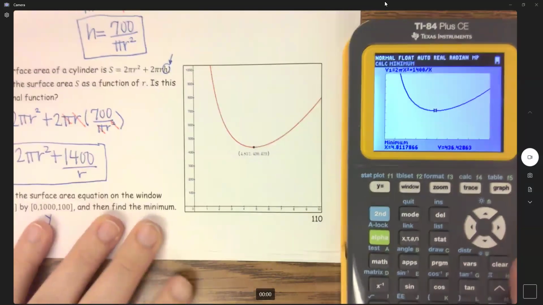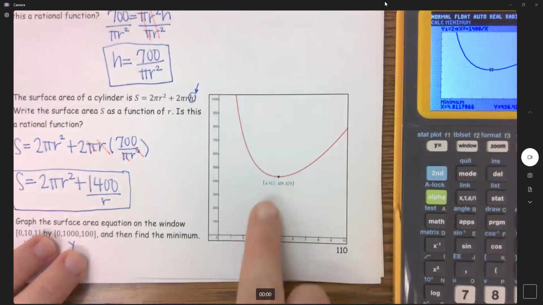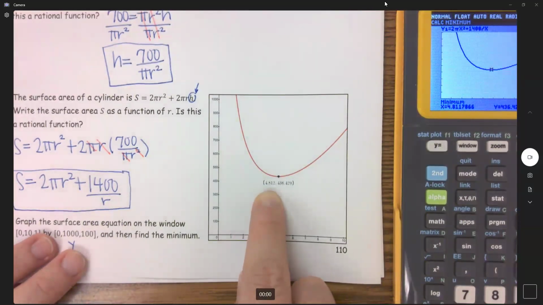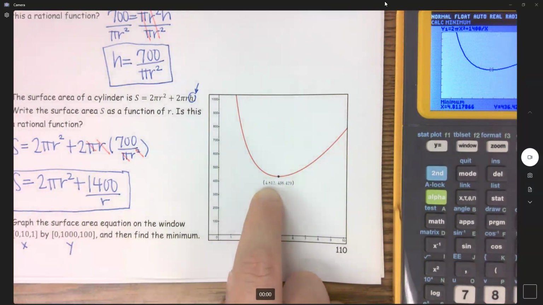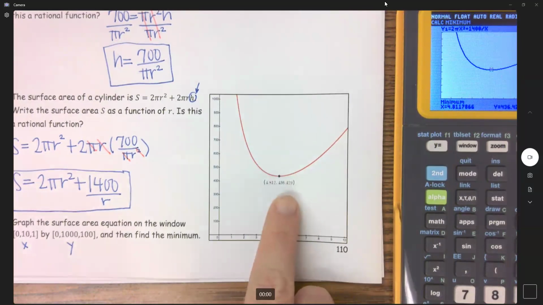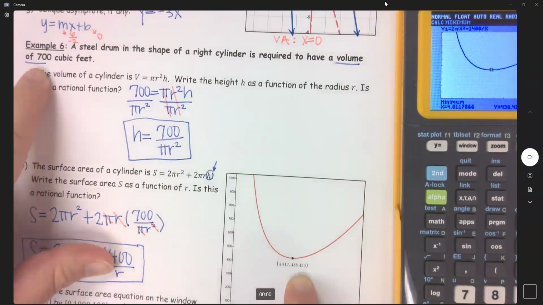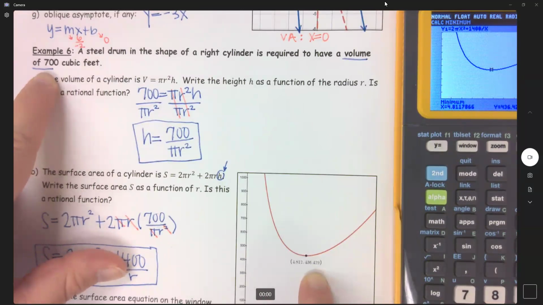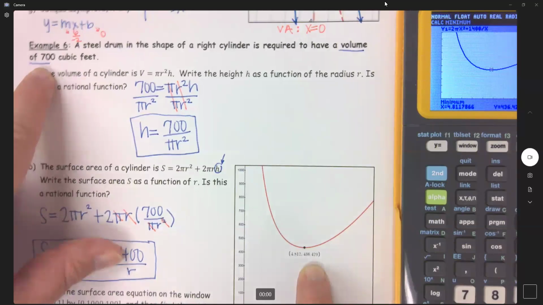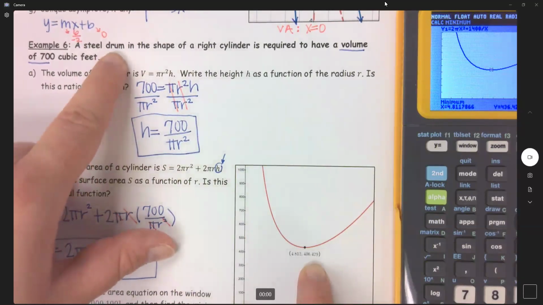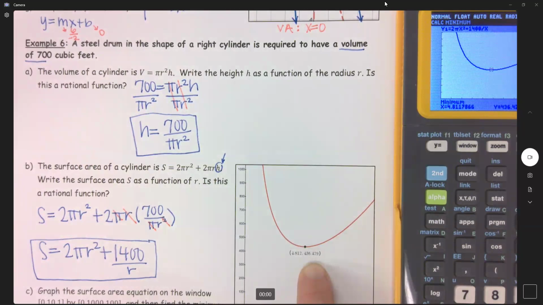So what we have found is if I have a radius of about 4.82, I'm going to get a surface area that is the smallest amount with a volume that still meets that criteria of 700. So why is that helpful? If I'm the one building these steel drums, I want that surface area to be the smallest amount.